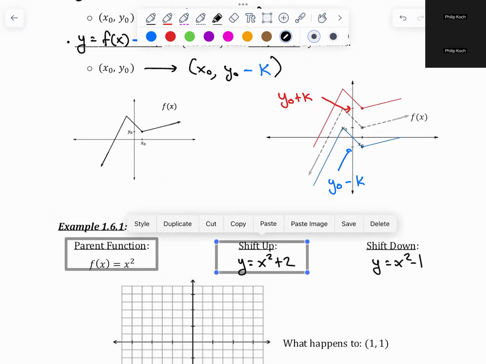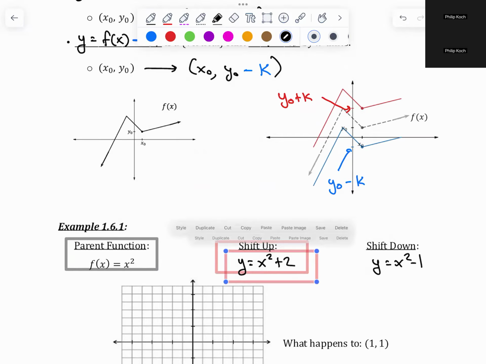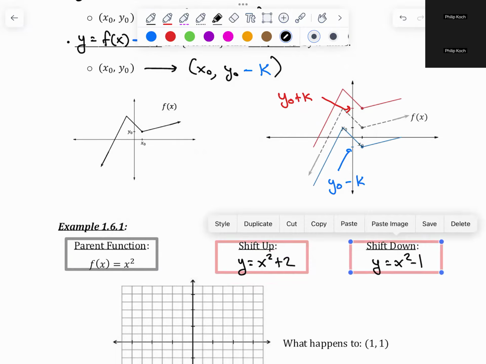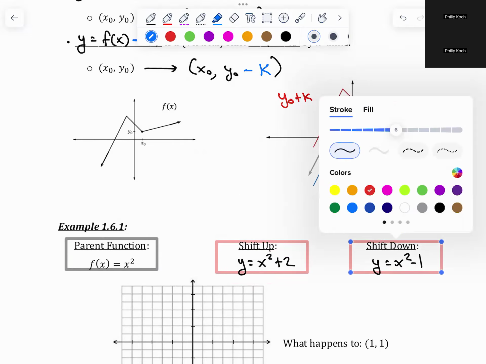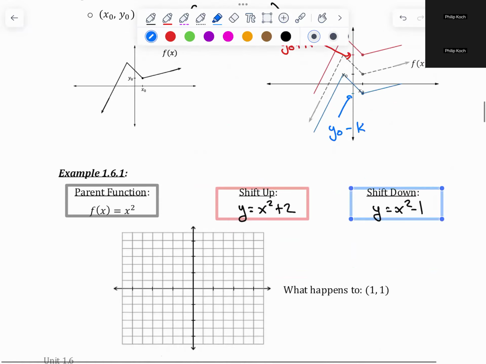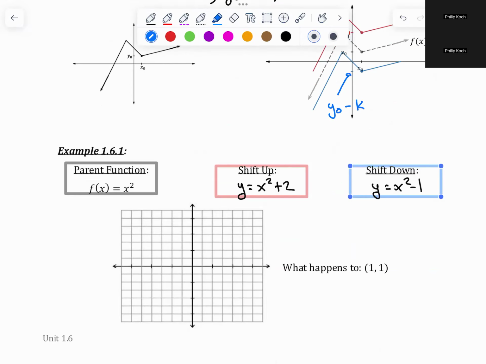The shift up we're going to draw in red. And then the shift down we're going to draw in blue. So I color coded them. You don't have to put a box around it. You could write it in the different colors just so we see which one's which.